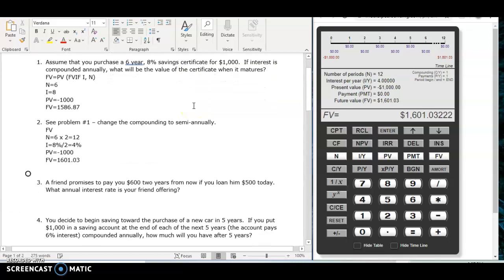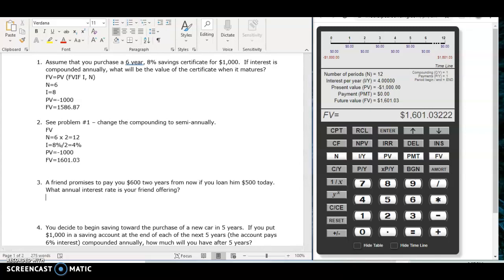So number 3, it says a friend promises to pay you $600 2 years from now if you loan him $500 today. What annual interest rate is your friend offering? So this one, we're actually solving for the interest rate. We don't know what the rate is, but they're telling us the present value is 500, the future value is 600.